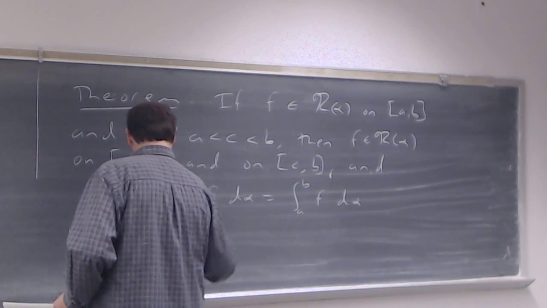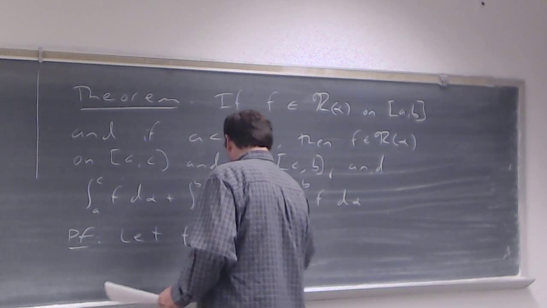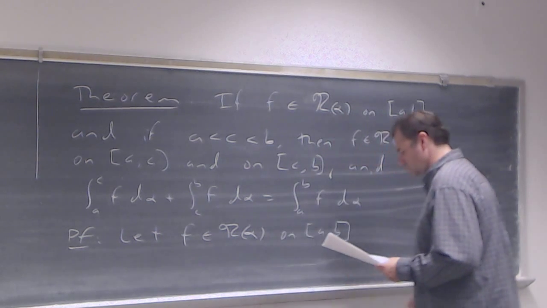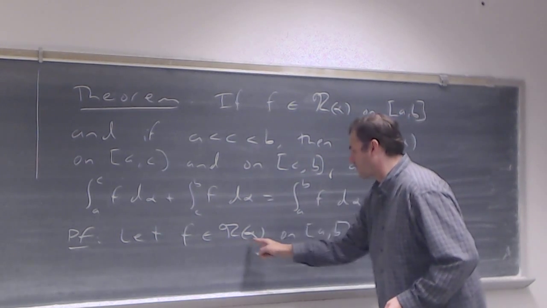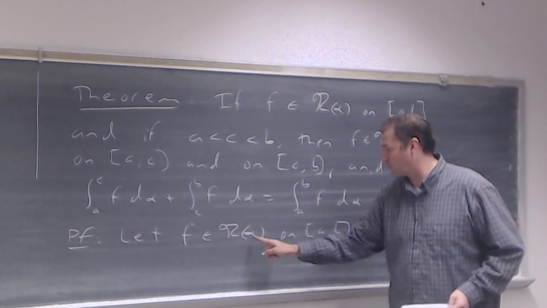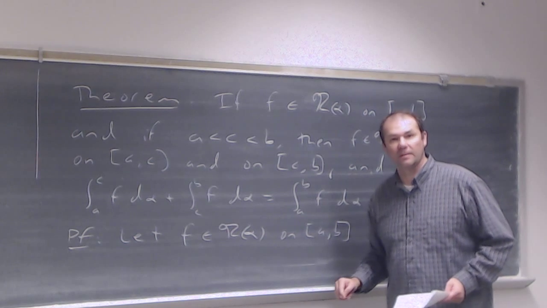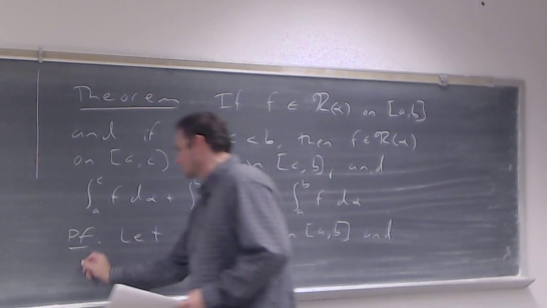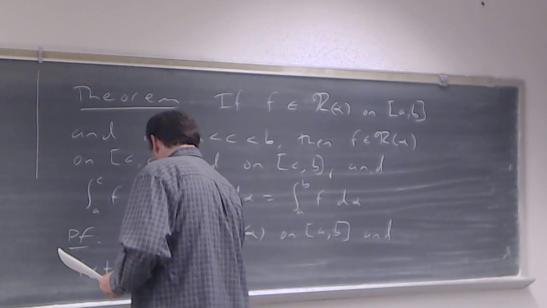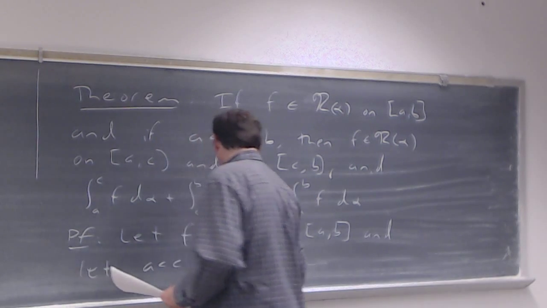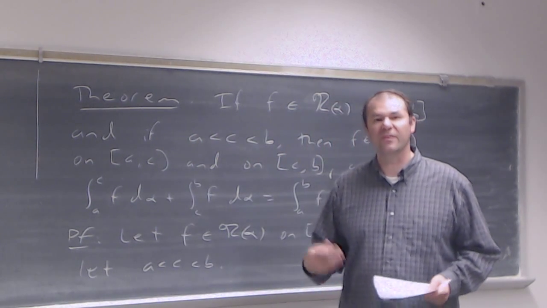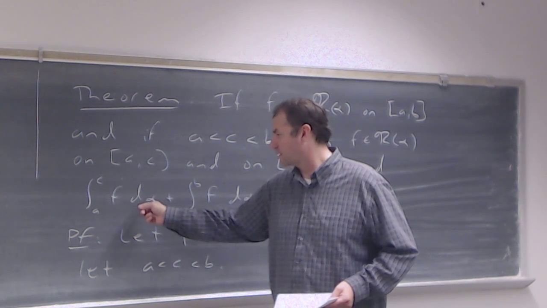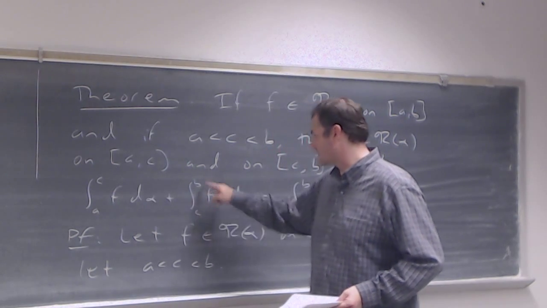So we're going to let f be Riemann-Stieltjes integrable on [a,b]. Here I need to be very careful, not only about Riemann-Stieltjes integration, but also about what interval we're talking about. And we're going to let a be less than c be less than b. We're going to use the main theorem when proving that f is Riemann-Stieltjes integrable on [a,c] or [c,b].